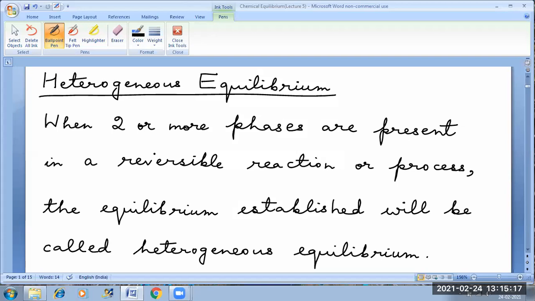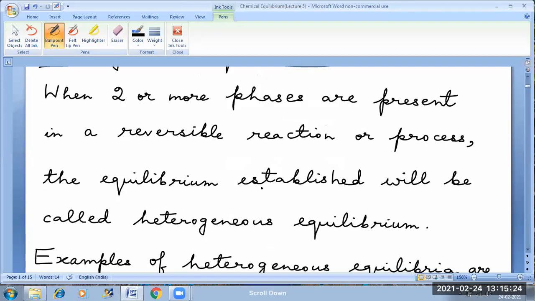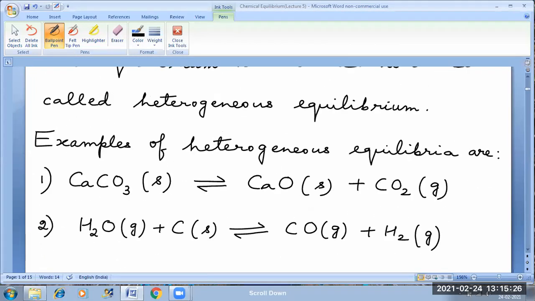So when two or more different phases are present in the same reaction, then the equilibrium established is called heterogeneous equilibrium. Examples, we have already come across the first example many times.